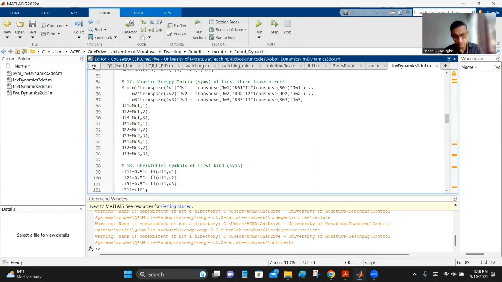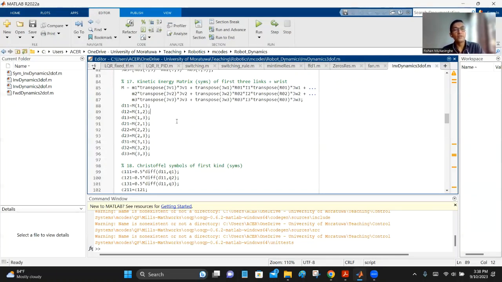Because of this symbolic mathematics, it's easier for us to implement this. Otherwise, it would have been very difficult, and also you can make mistakes in your derivations.